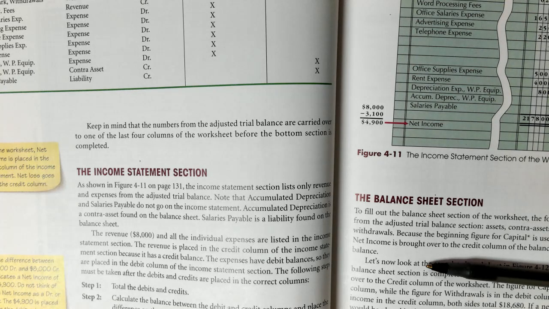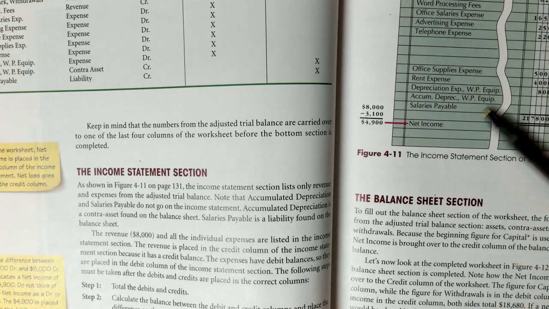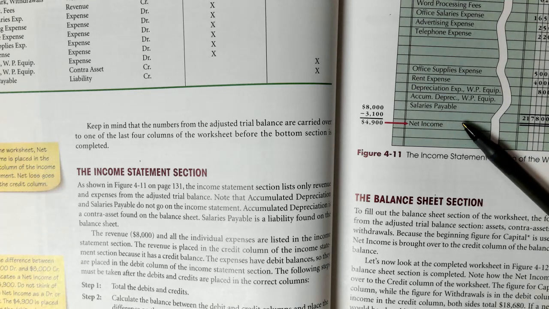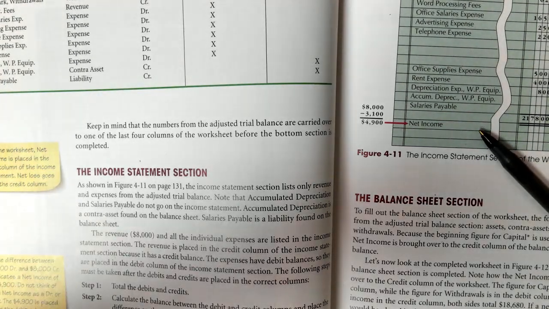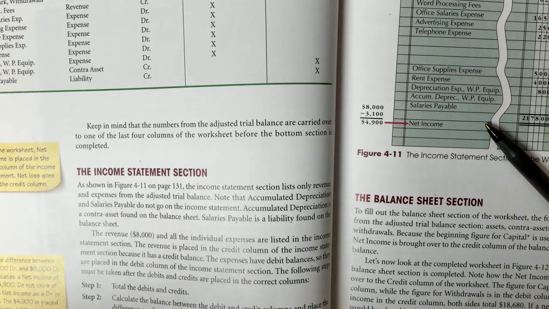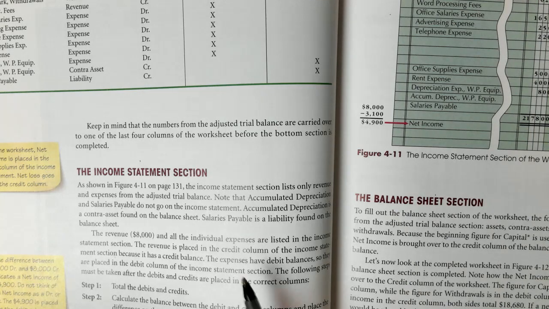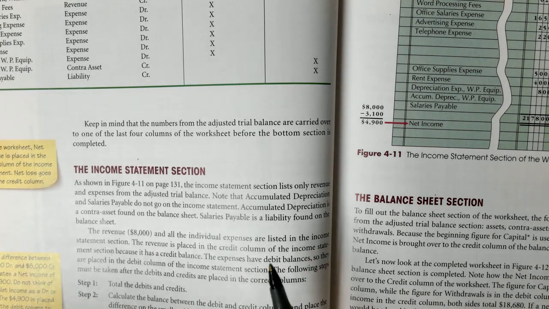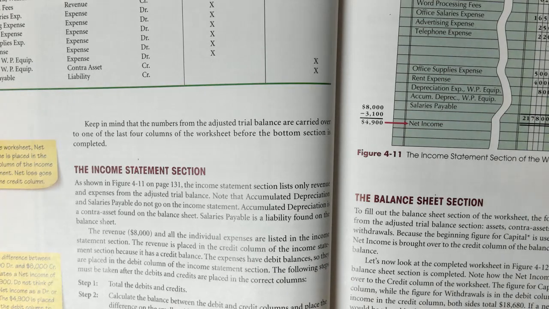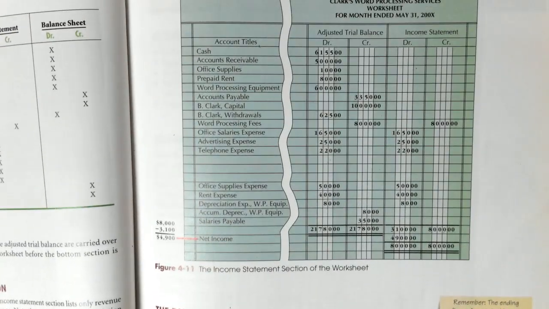All right, and then the salaries payable is another one we just added recently. That's a liability. It would be similar to accounts payable. It's a liability. We owe it out yet, so not the income statement. So our revenue of $8,000 and all the individual expenses will be listed in that income statement, which you can see here.